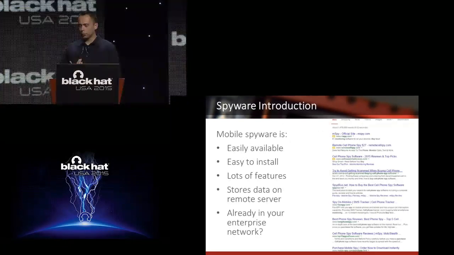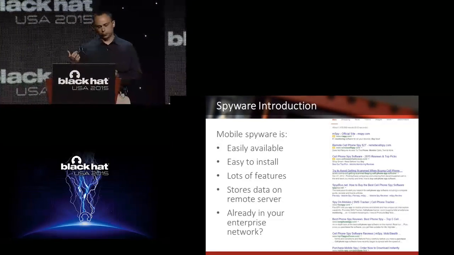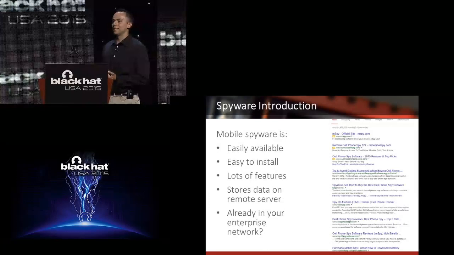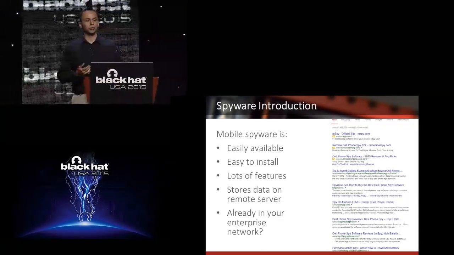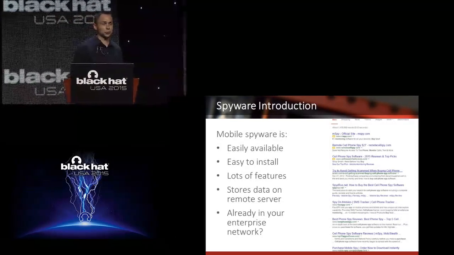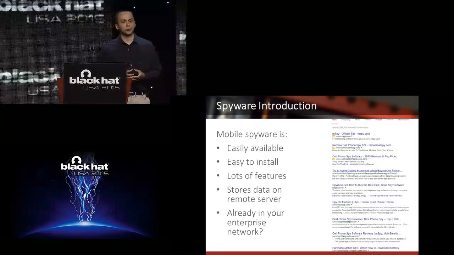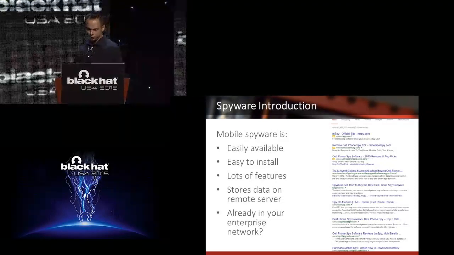So commercial mobile spyware, you can find it online through Google search. Very easy to obtain. A quick Google search for Android spyware yields dozens of hits. Easy to install. Lots of features, such as capturing text messages, pictures, locations, all sorts of stuff.